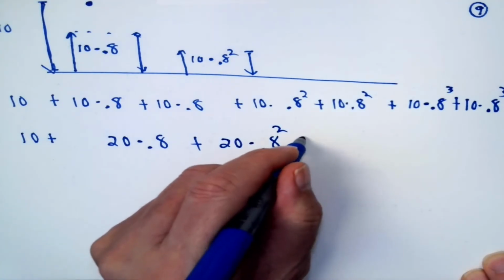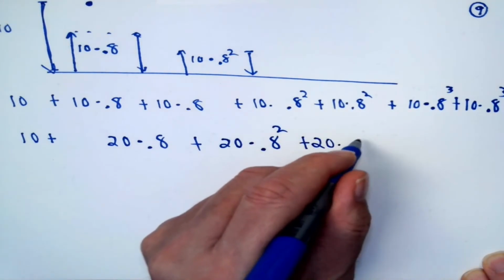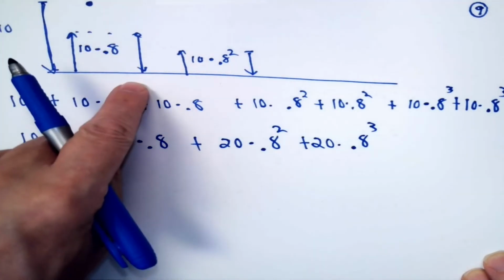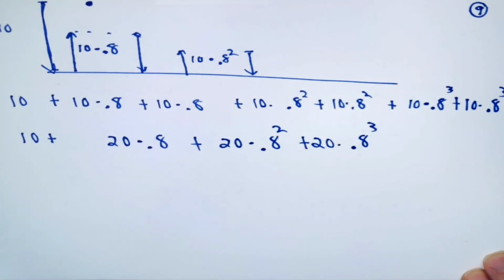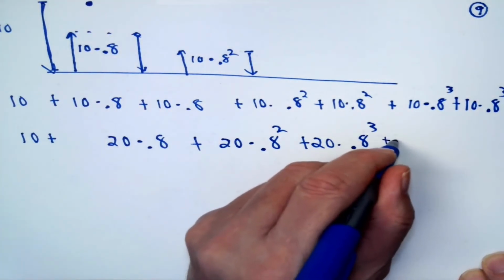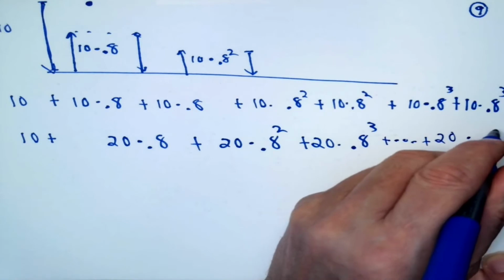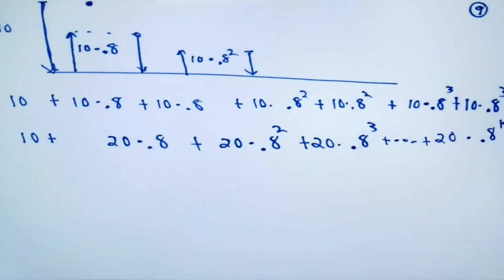Then I'll have 20 times 0.8 cubed, and then allowing for this first bounce and calling k the number of up and down bounces of the same height that we've done, plus 20 times 0.8 raised to the k power. This is going to be what I get after the initial bounce, and then k bounces of going up and then down the same height.